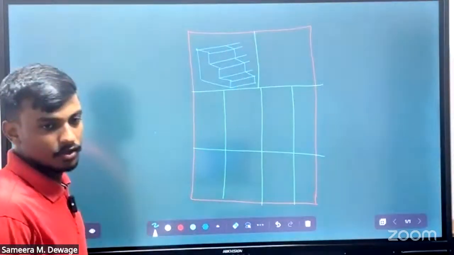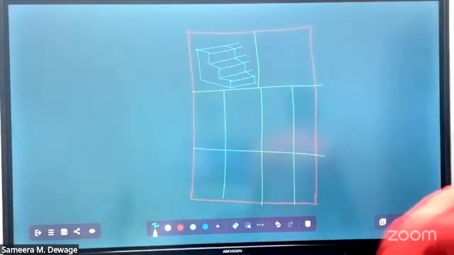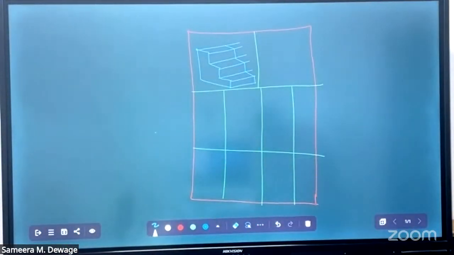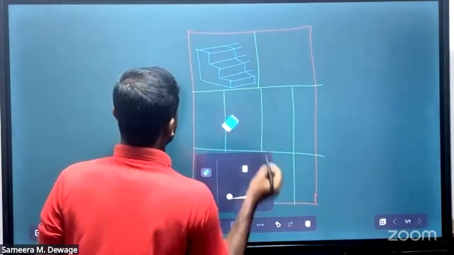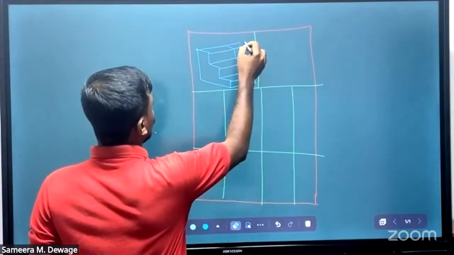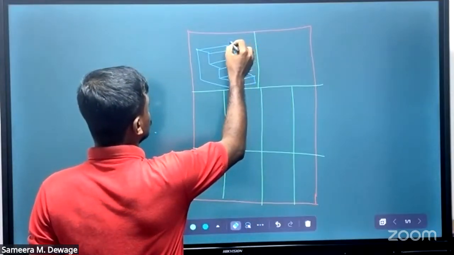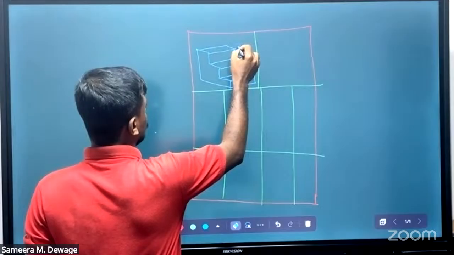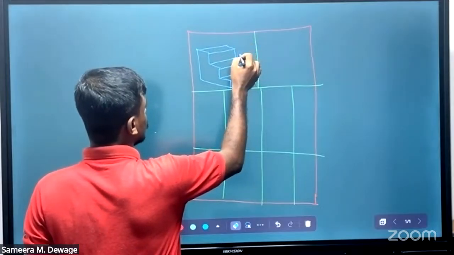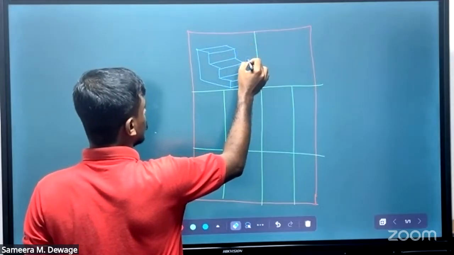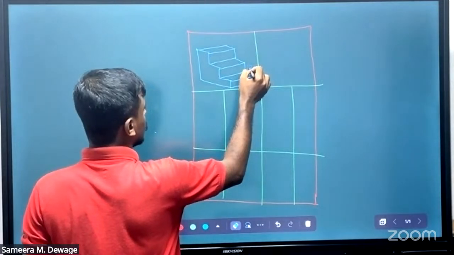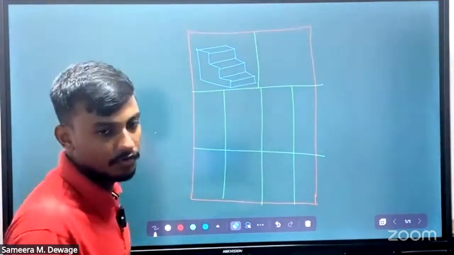You need to draw the square shape part like the staircase part like this. Quickly draw with me.